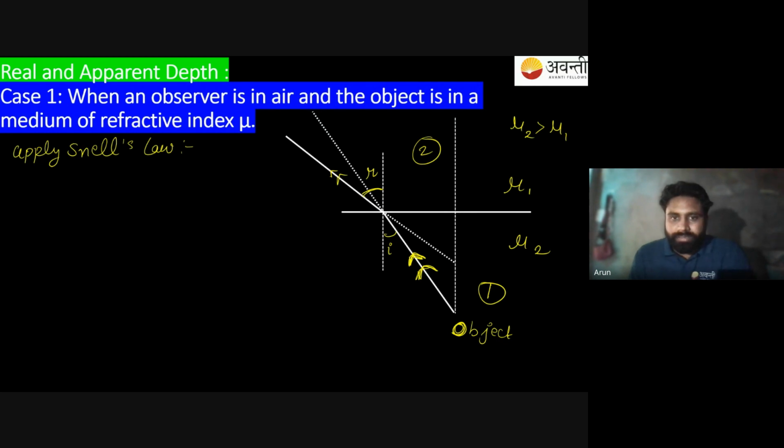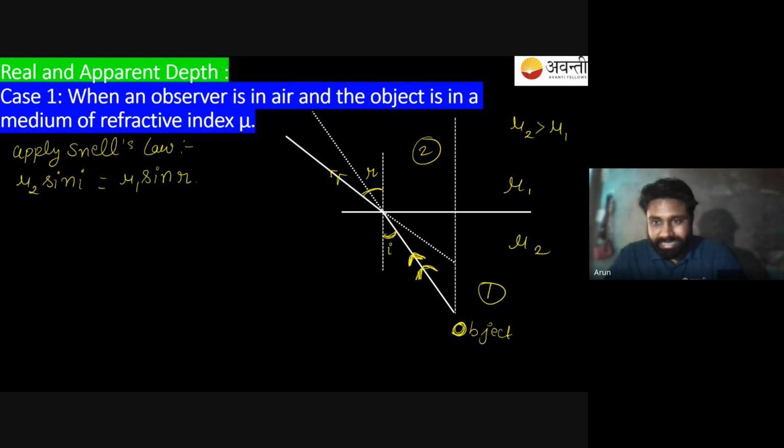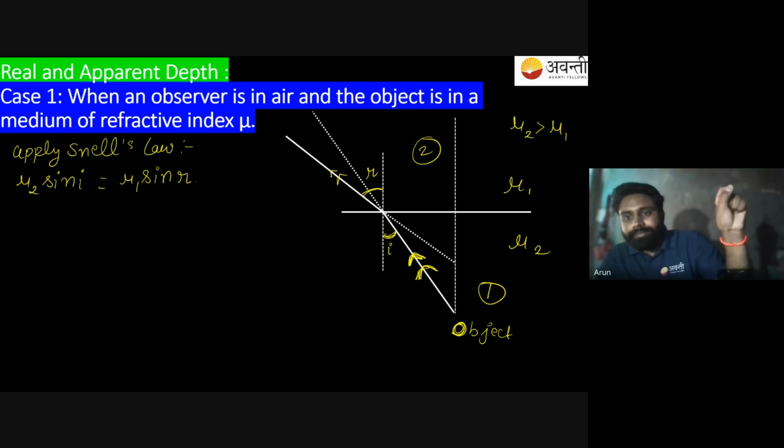What do we get? We will apply Snell's law like this: mu2 sin i equals mu1 sin r. Although I have told you how to apply Snell's law, these are very important cases. For real and apparent depth cases, you just apply Snell's law, starting from the medium where the ray is coming from to where the ray is going.